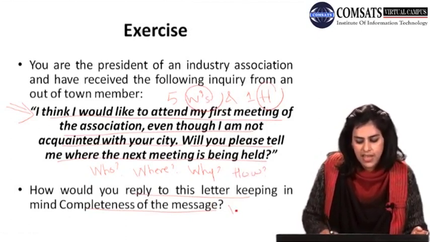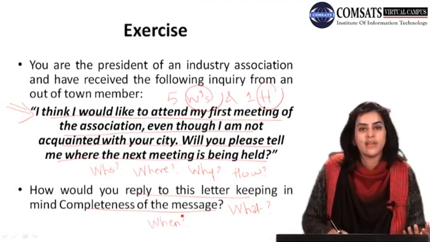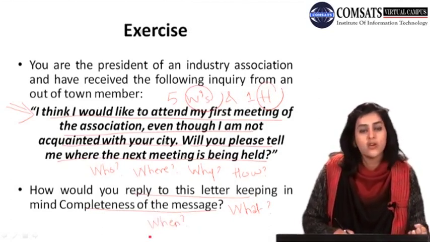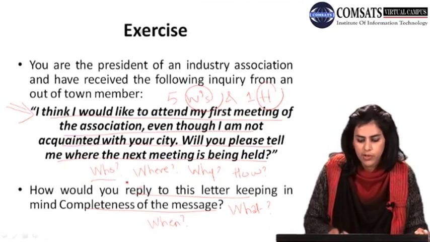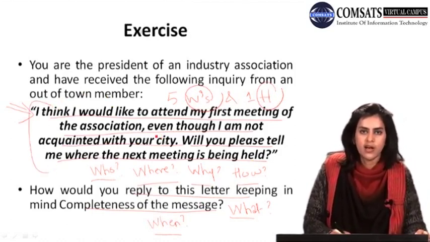Then answer exactly whatever they have asked, and last but not the least you are going to answer when. So this is how your 5 W's and 1 H would be complete while you are trying to satisfy the query of the person who has written you the letter.